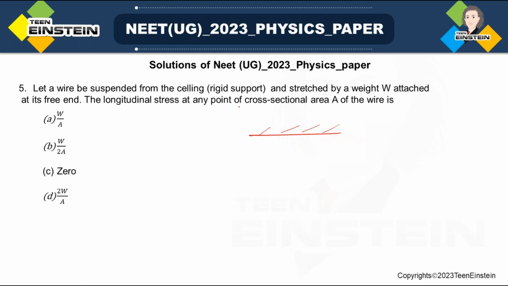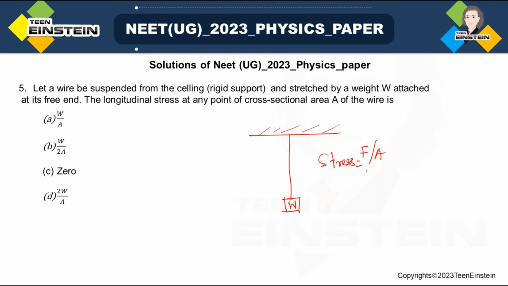The longitudinal stress at any point of cross-sectional area A of the wire is. That means, see, this is kind of a wire. This is the wire W. At the end, it is the free end, and this end is supported by the ceiling. Now, what will be the longitudinal stress? We generally know longitudinal stress means force per unit area. So that is the longitudinal stress.